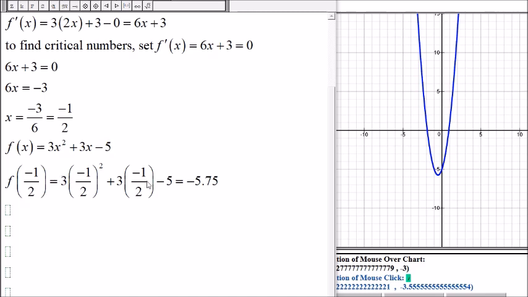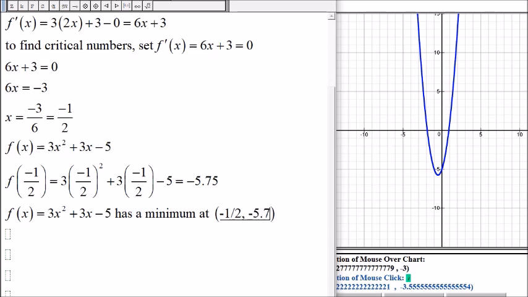And then to simplify all of this on a scientific calculator, we get negative 5.75. And so f of x, the function here, has a minimum at the point negative 1 half and negative 5.75. And so that's what this point right here is.